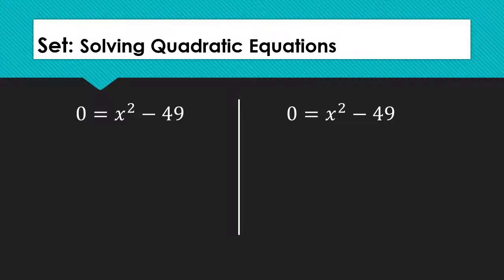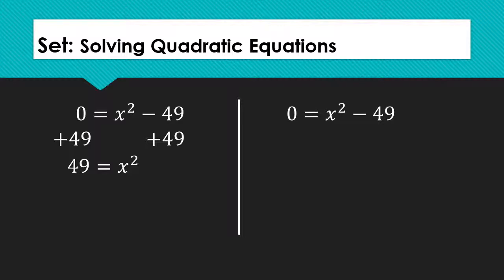In the task today, we looked at solving equations using the traditional inverse operations method versus factoring and solving. Here's an example of what we did in class today. So we're starting with the same equations. On the left, we're showing the process for the traditional inverse operations method.